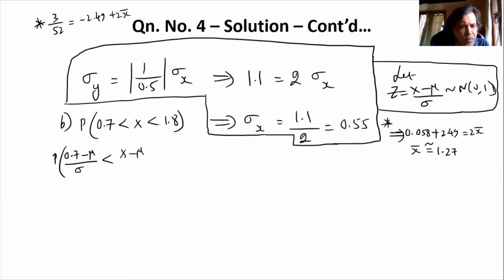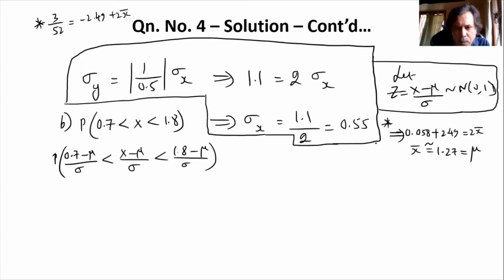X minus mu by sigma less than 1.8 minus mu by sigma. Mu is nothing but the arithmetic mean. This I can substitute, right? And anyway, we already got the standard deviation of x, which is 0.55. Let me substitute those.